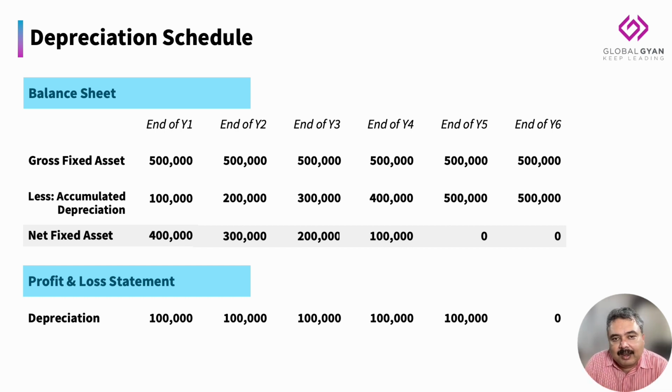So if you're able to stretch the life of an asset beyond its useful life, you get to benefit from it without any expense in the P&L. That's how this would work, and it'll go on till you scrap the asset, at which time you remove it from the asset register. So the gross fixed asset will be taken out, but it doesn't do anything in your P&L because it's already been depreciated.